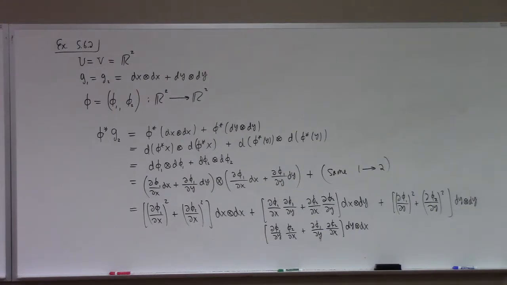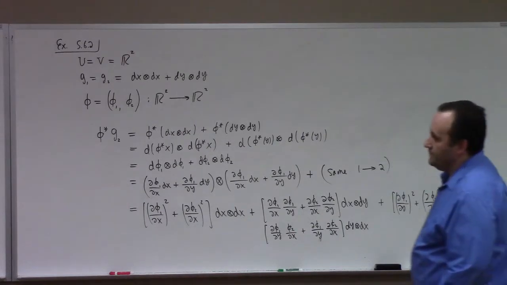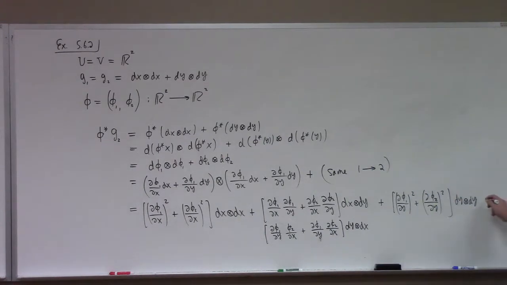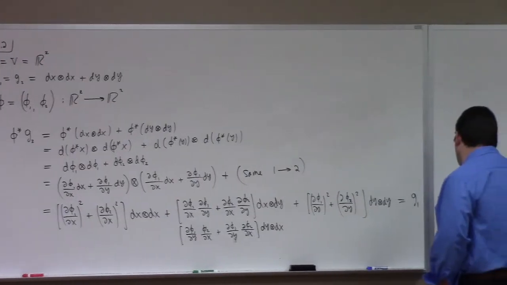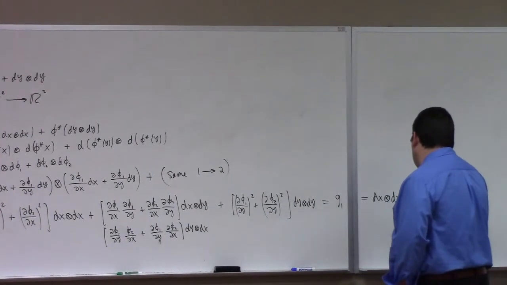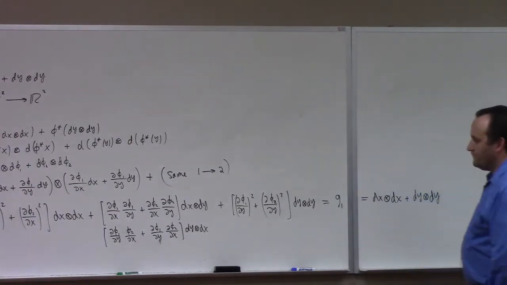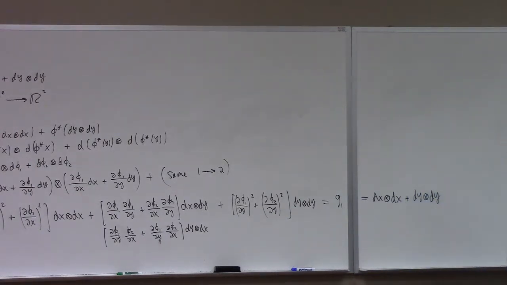Now, in an isometry, it's supposed to be equal to G1 again, which in this case is dx tensor dx plus dy tensor dy. So what equations do we get?